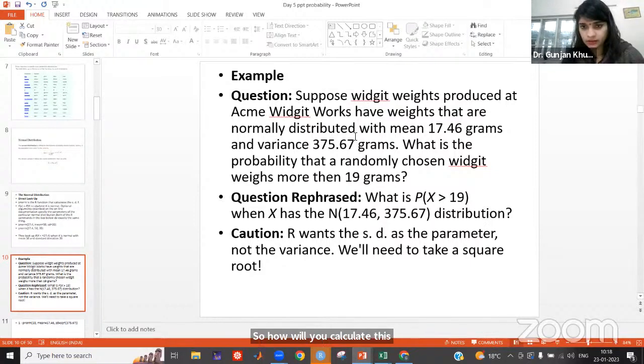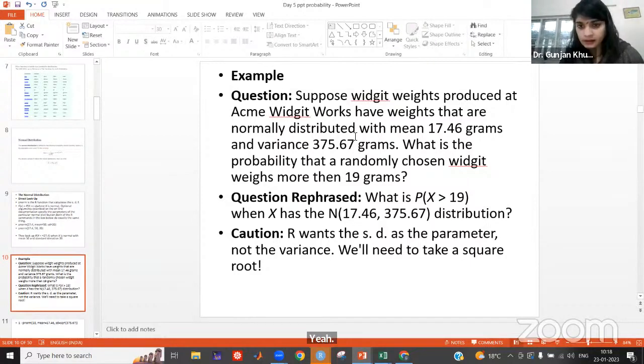So yeah, it's asking what is the probability that a randomly chosen widget weighs more than 19 grams. If X denotes the random variable widget weight, you have to find probability X greater than 19, which would be 1 minus probability X less than or equal to 19, right?